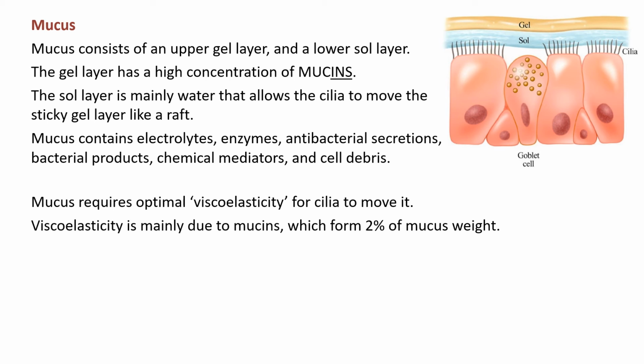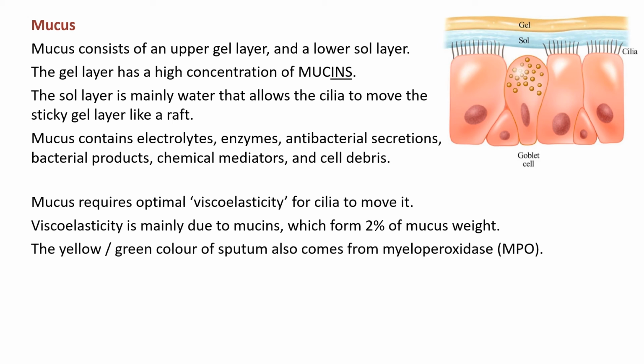That viscoelasticity, or the component that makes it sticky, are the mucins, and the mucins form about 2% normally of mucus weight. The more mucins we have, the stickier it gets. And again, MPO, myeloperoxidase, like with our nasal secretions, from neutrophils gives us that yellow to green colour, depending on the concentration, really, of the myeloperoxidase.